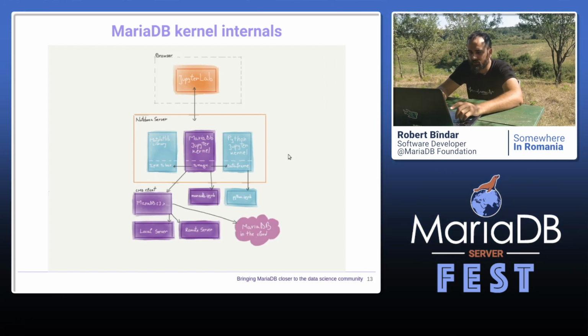And it does so in the simplest possible way. It directly uses and controls the classical MariaDB command line client that you all know, as a subprocess. And as you most probably know, the MariaDB client is capable of talking to servers anywhere, and it is very efficient at doing this. So the Jupyter kernel inherits this all for free.